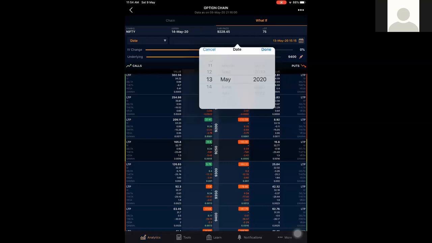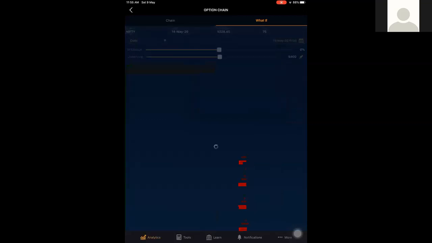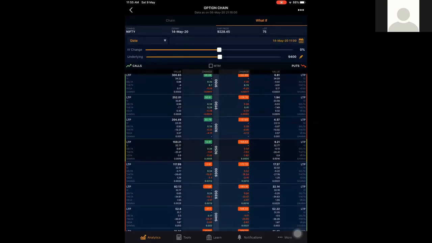Now let's do the expiry beauty itself. 14th May, that's the expiry day. And look at my option, same market condition at 9400. Let's look at what my premium will be at 11 a.m. My 9300 call has become negative.